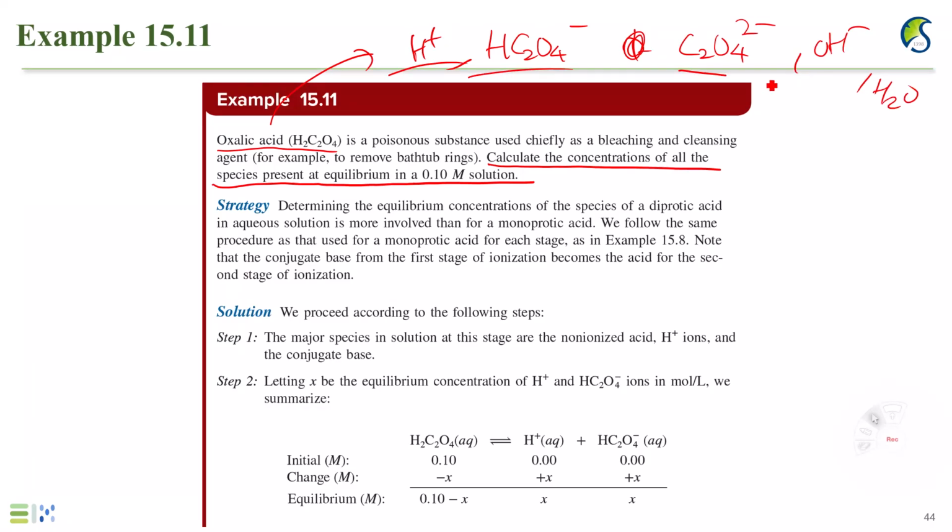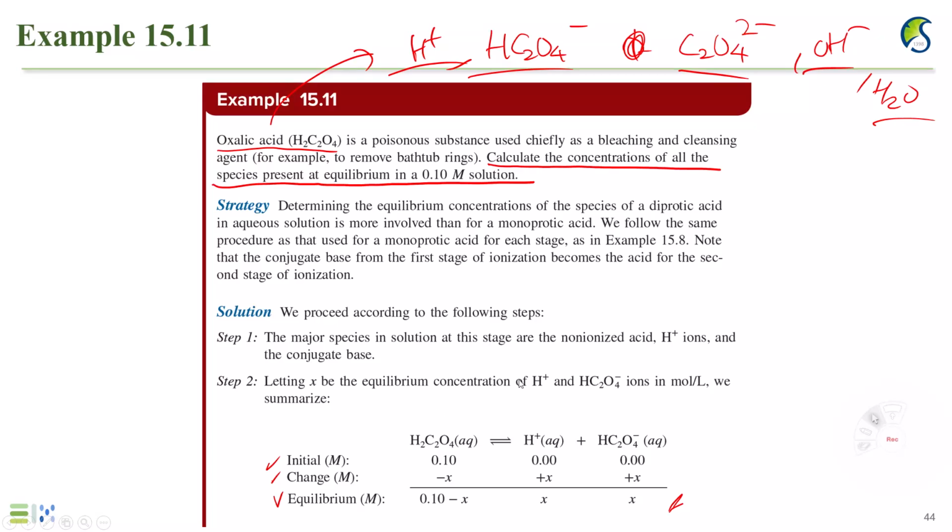These are all the species that you would have if you dissolve this oxalic acid, and you want to calculate the concentration of every single component here. So you do it step by step. The first thing you do is follow the same process for the first ionization step, where you have the initial concentration, and you have a change, and you will have the final equilibrium expressed as some variable with unknown x.